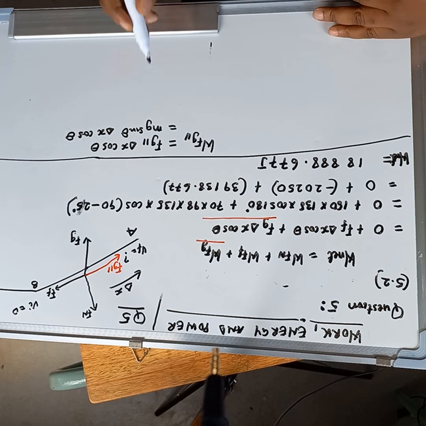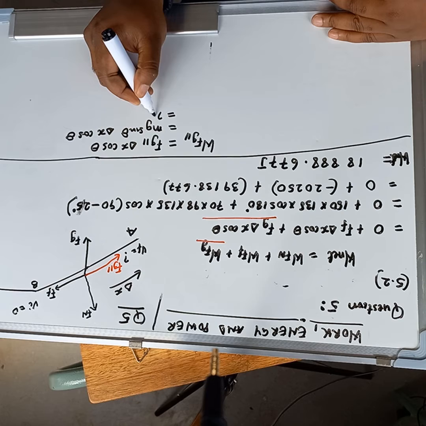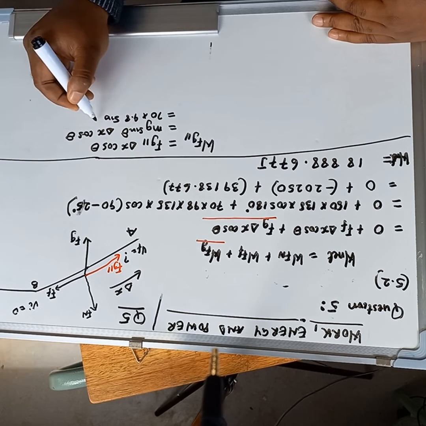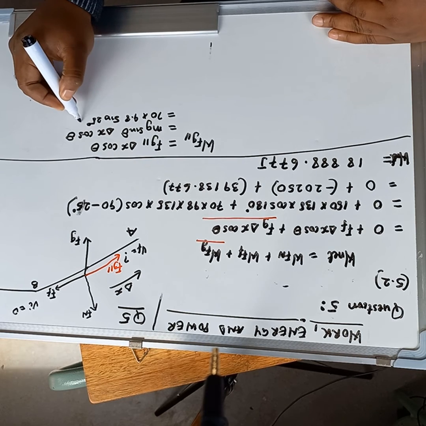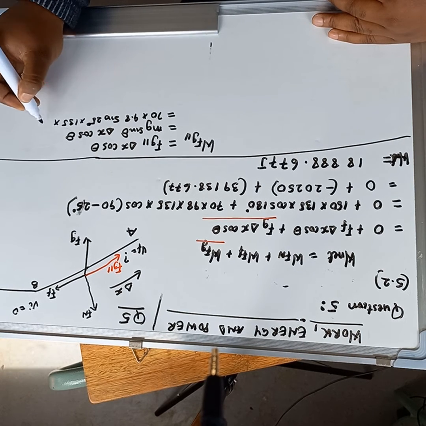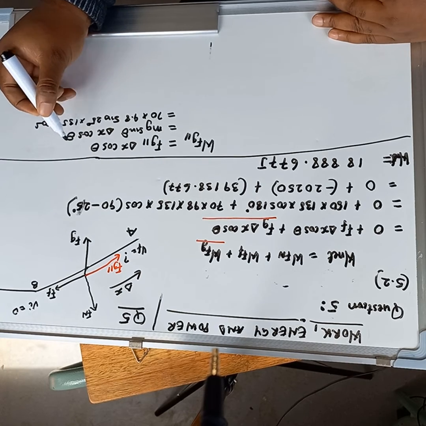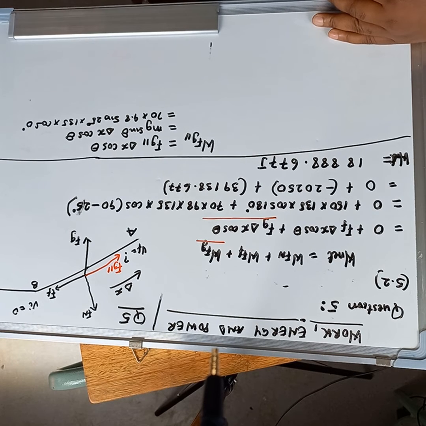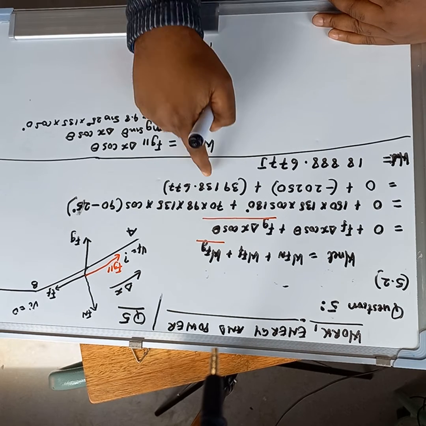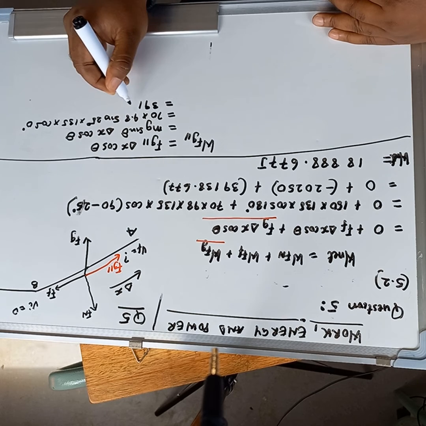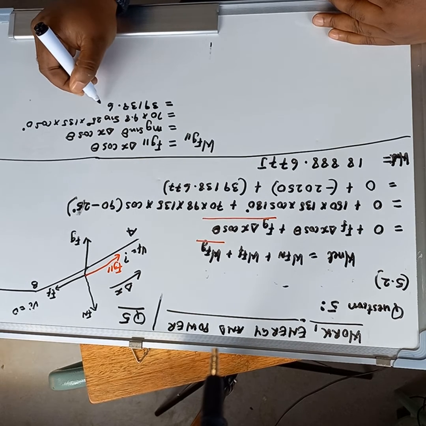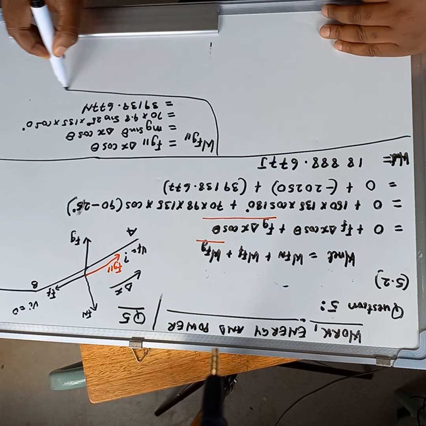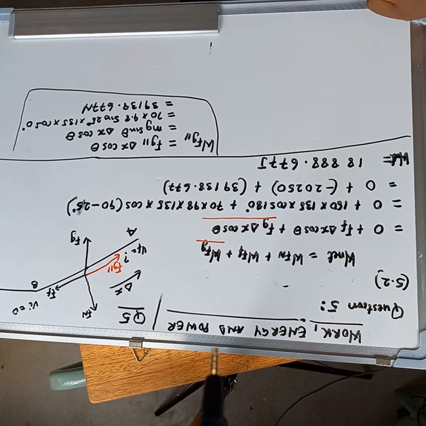If I substitute here, I get 79.8 times sine 25 times 135 times cos. This one is going down and the displacement is down, so the angle between them is 0. If I do that, I still get the same answer, 9138.677 joules. So you choose whichever method you prefer.